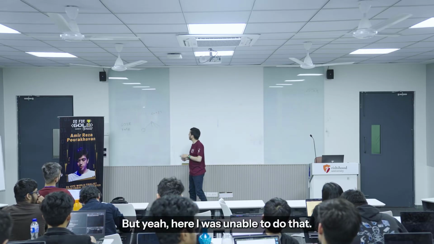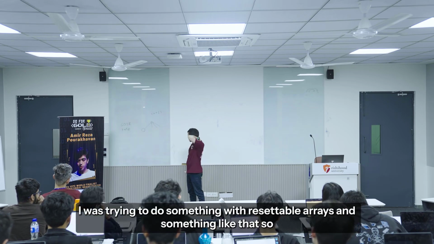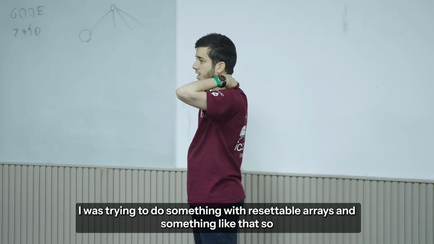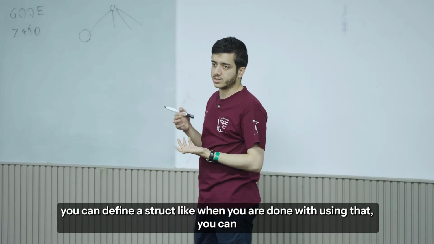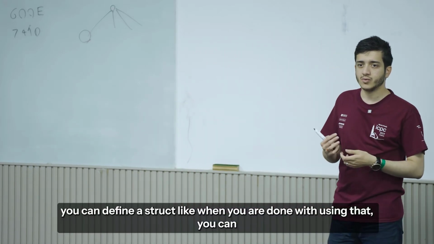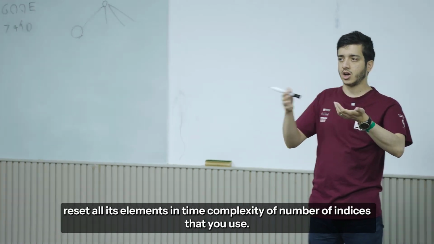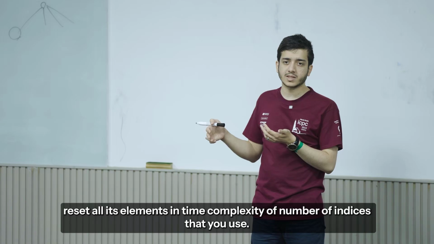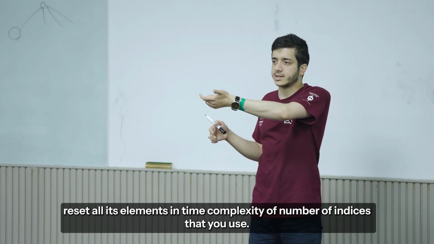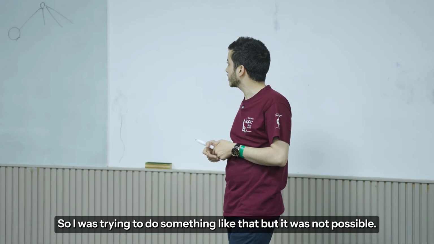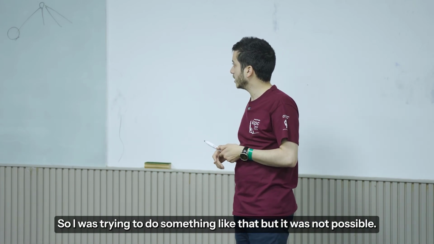But yeah, here I was unable to do that. I was trying to do something with resettable arrays and something like that. So you can define a struct, like when you are done with using that, you can reset all its elements in time complexity of the number of indexes that you use. That is pretty easy, right? So I was trying to do something like that, but it was not possible.